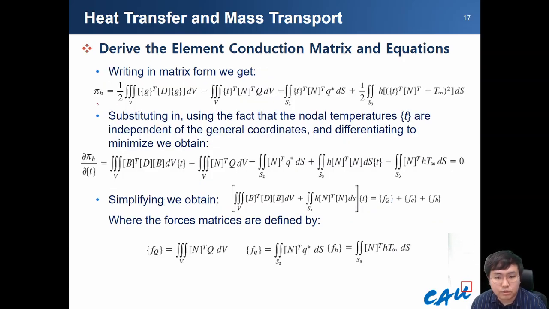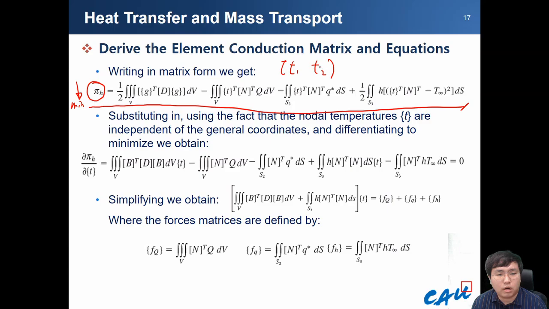After the reorganizing, the equation can be expressed like this, and this is the total energy. We hope that this energy becomes minimum. What is the unknown variable in here? T1 and T2 are the unknown variables.